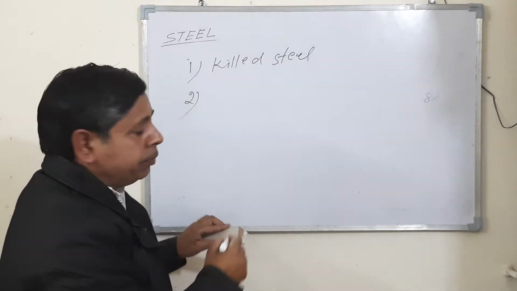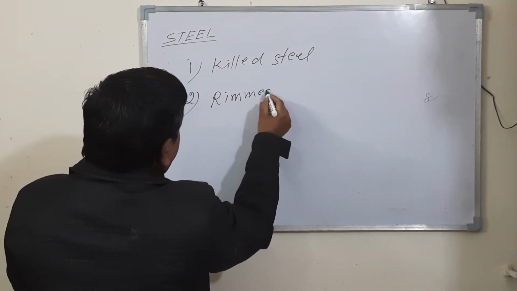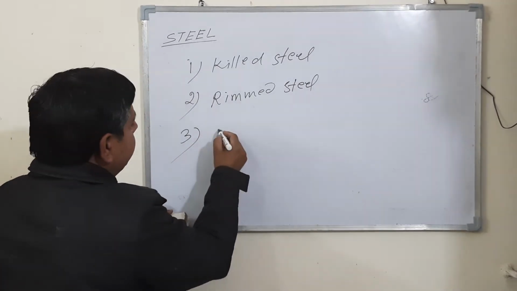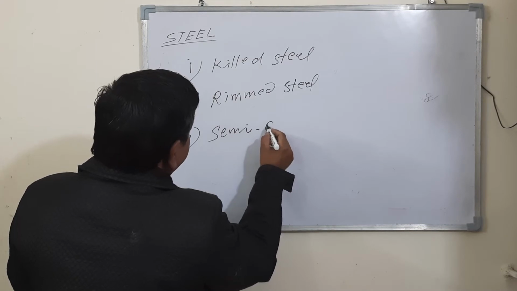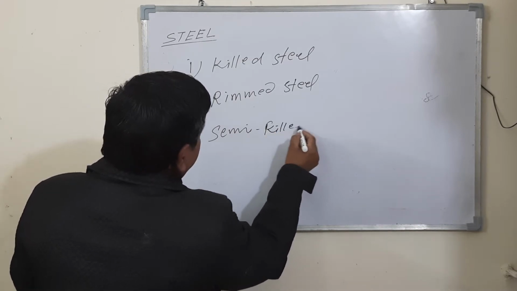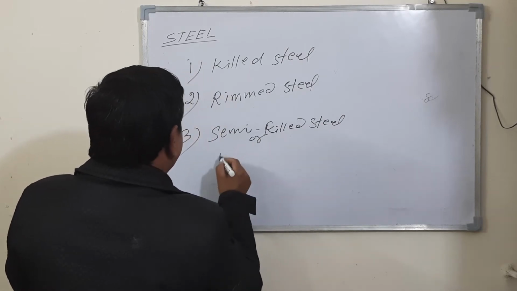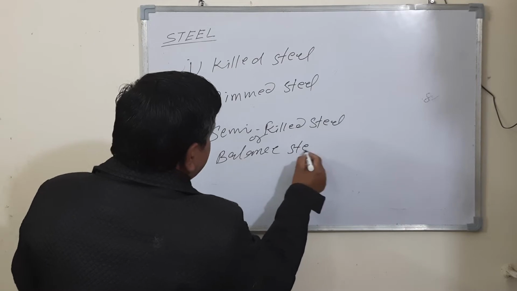Number two is rimmed steel. Number three is semi-killed steel or balanced steel.